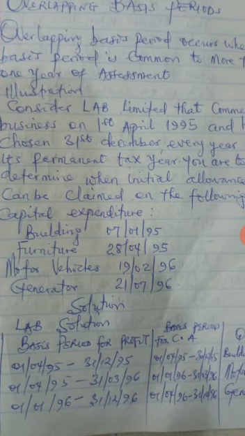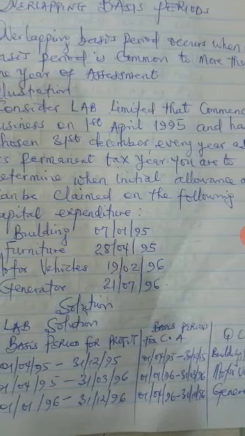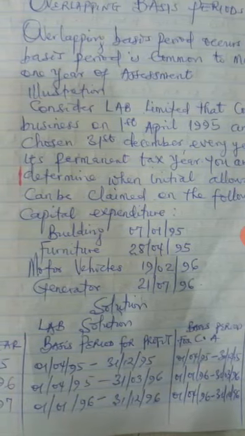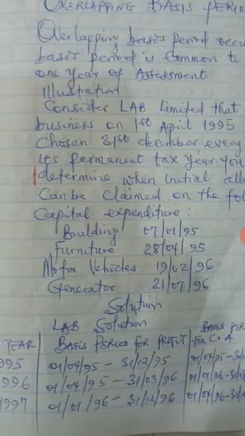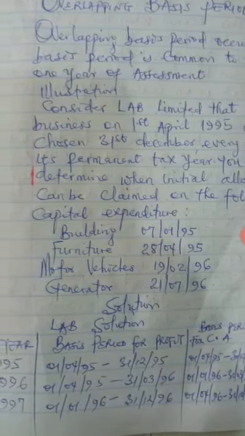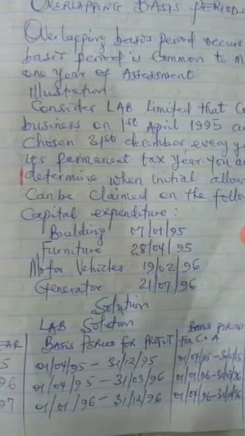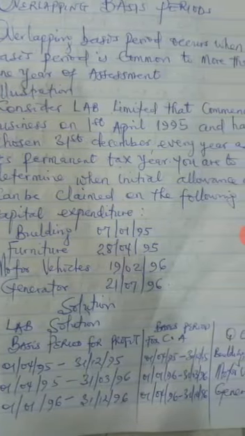The next thing there is a motor vehicle, which was bought in the year 96 on the 19th of February, and you see that this falls on the second basis period.